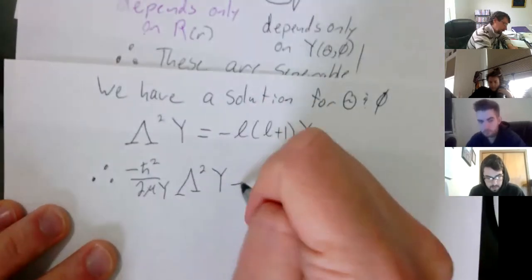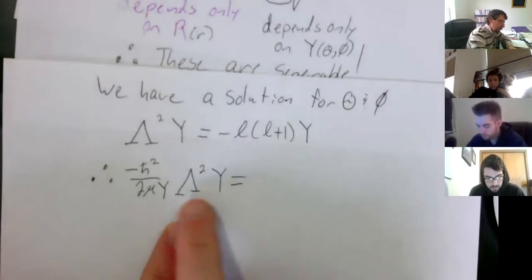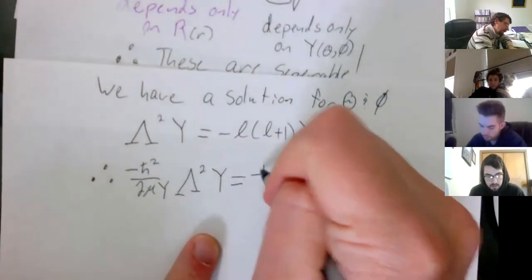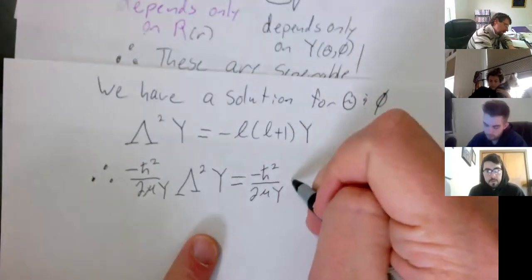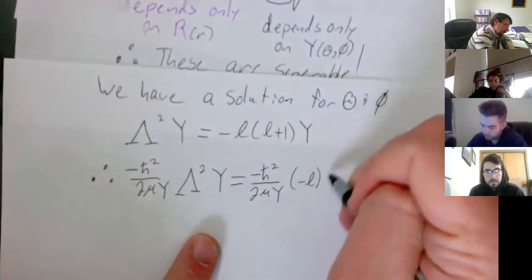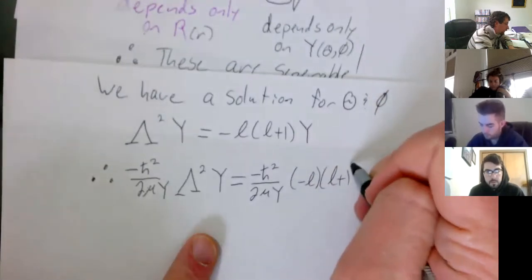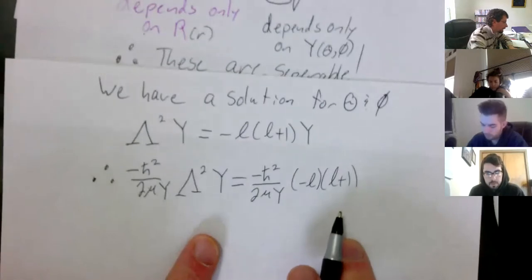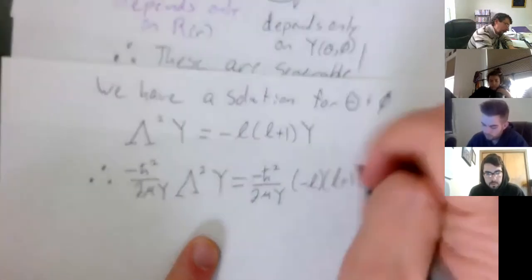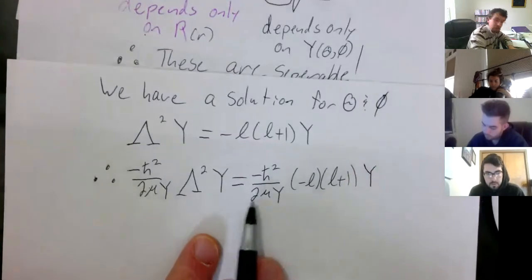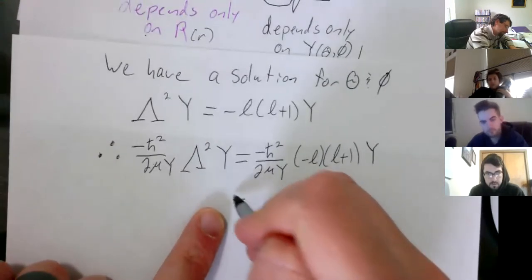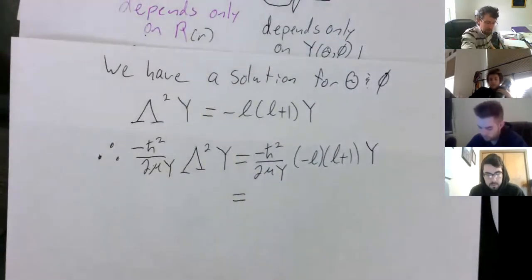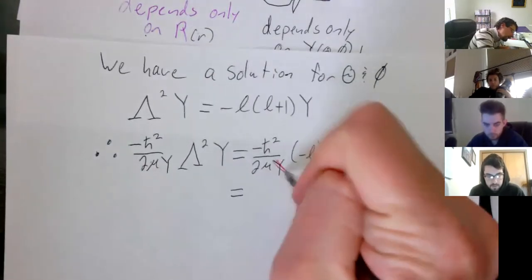We have a portion that can solve for this, so we get negative h bar squared over 2 mu Y times negative L times L plus 1 times Y. Can you simplify this expression for me? Or can you tell me something that cancels out? The Y's. Yep, Y's go away. Good.